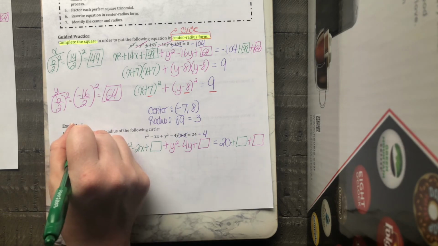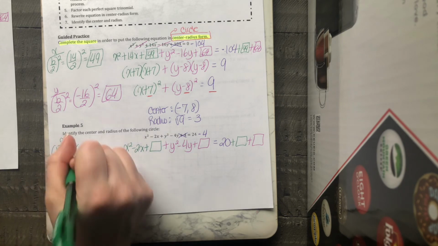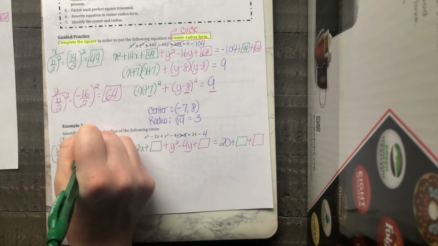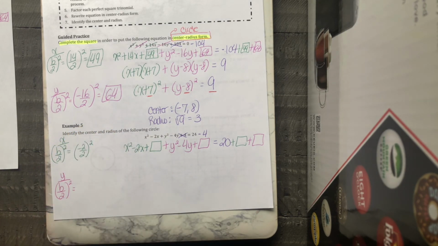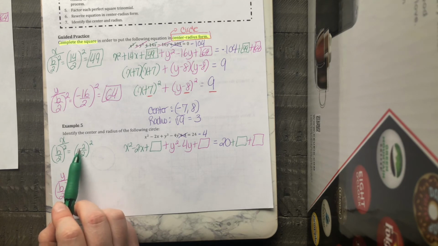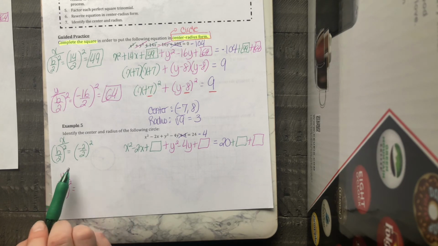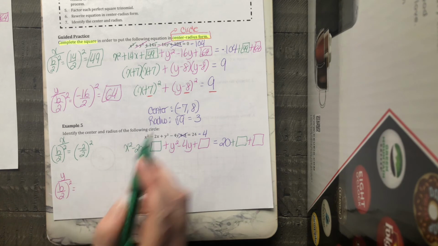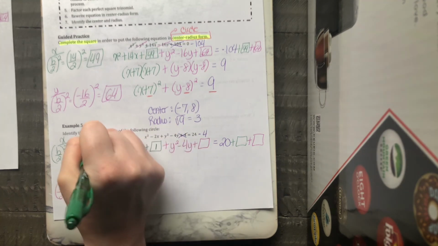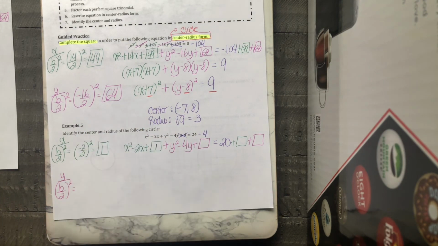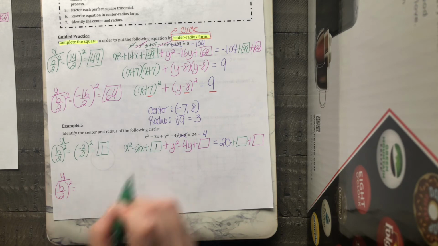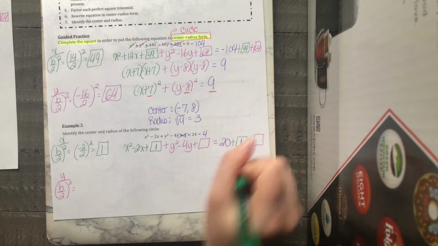So again, guys, sing it with me. I'm going to half it and square it. Half it and square it. What's half of -2? It's -1. And -1 squared is +1. So again, this answer is what goes in my box. So I have a 1 on the left and a 1 on the right.